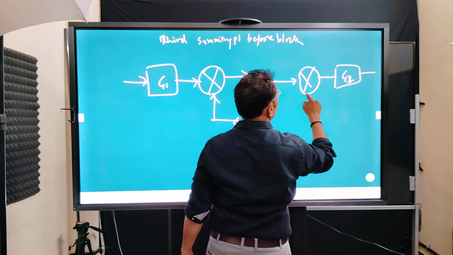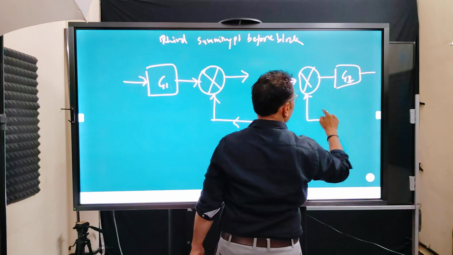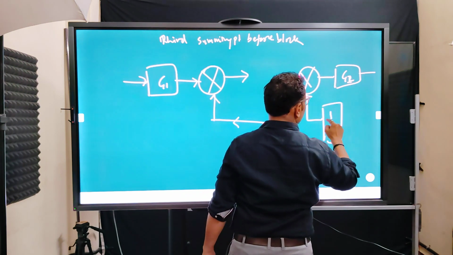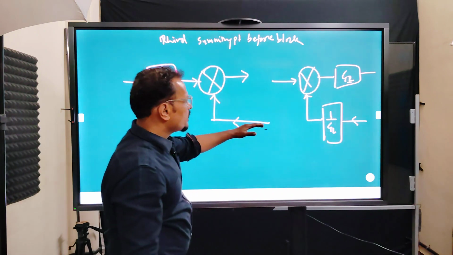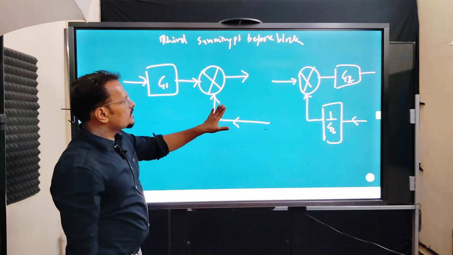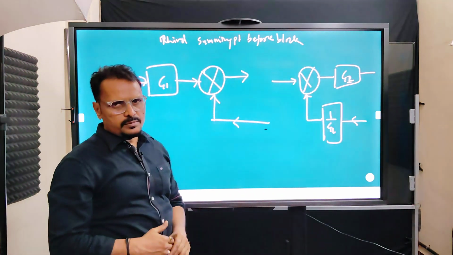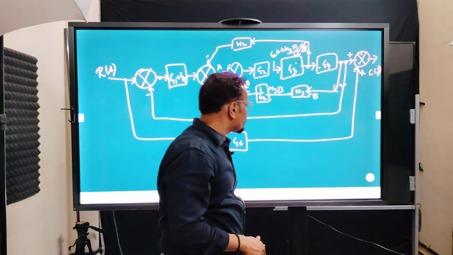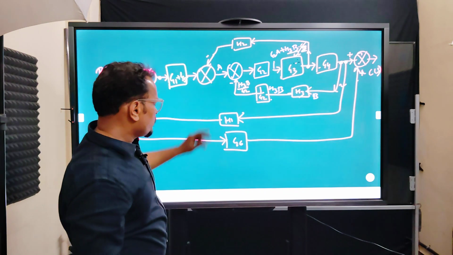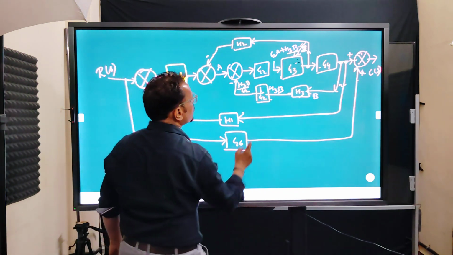Only the thing is we have divided by that G1 so that it should not get affected. Whatever was coming out here, we have divided that, and we will be able to move it. So that is what we have seen. So done with this.